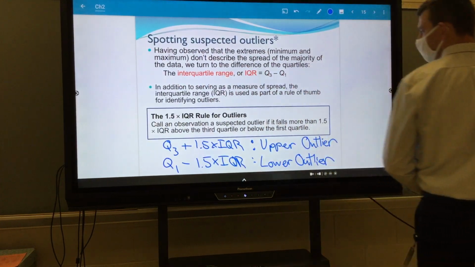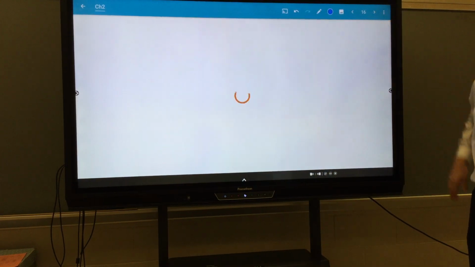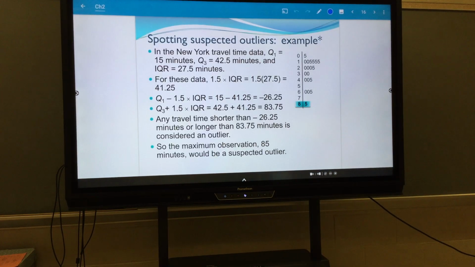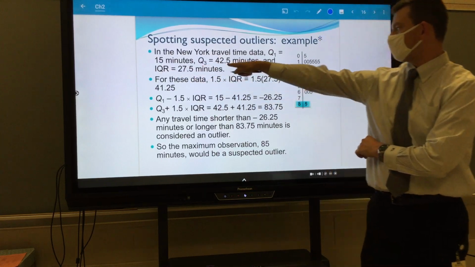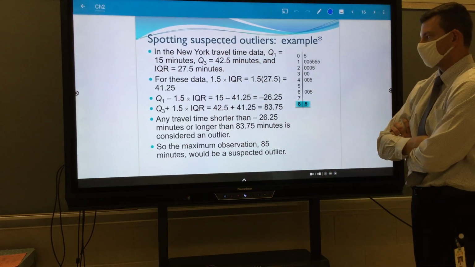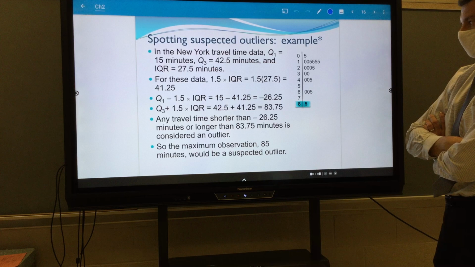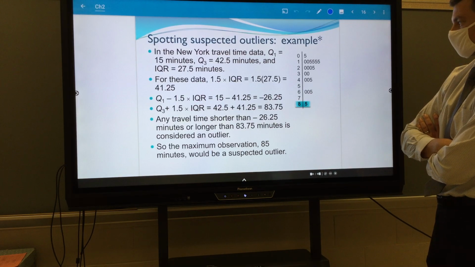So let's take a closer look at this with our example problem. Q1 and Q3 were 15 and 42.5 minutes respectively. So the interquartile range is 27.5 minutes.